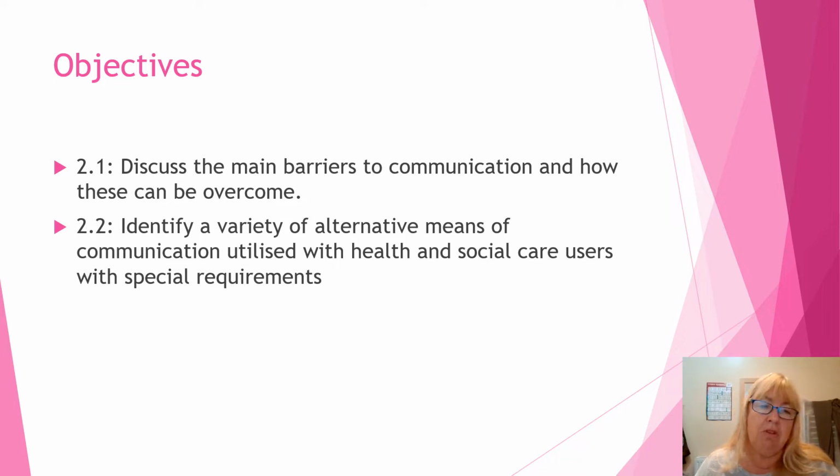And then 2.2 wants you to identify a variety of means of communication, alternative to maybe just the spoken word, alternative to the sort of just regular intervention you do, focusing on people with special requirements. Okay, so we're going to look at what those interventions are. I will refresh some of the more routine interventions, but we're focusing on those.